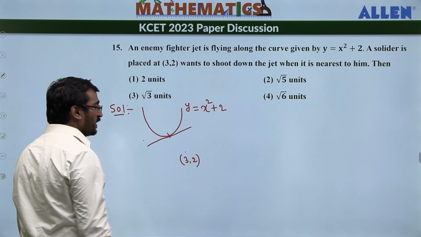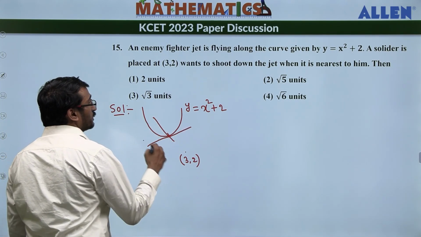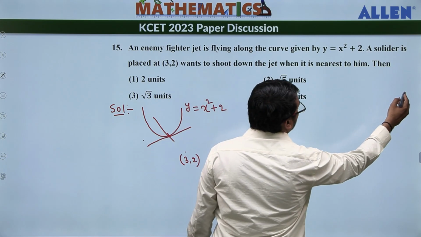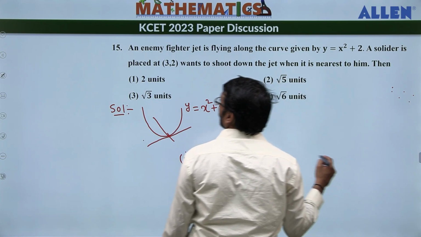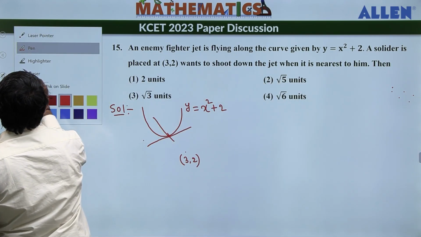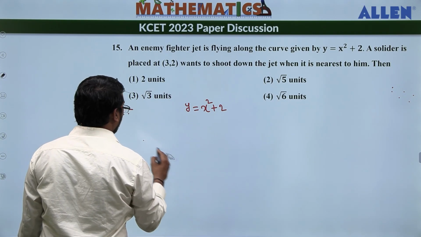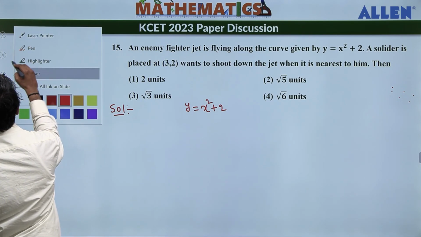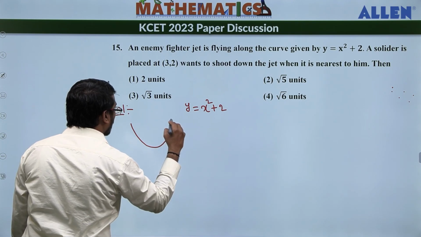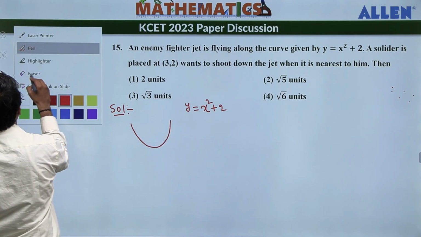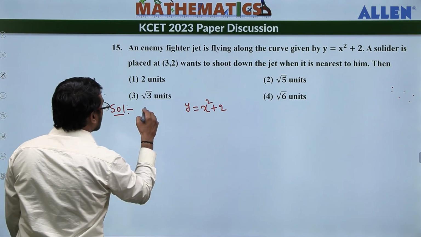If this is the nearest point, this one has to be the normal. This is the parabola.